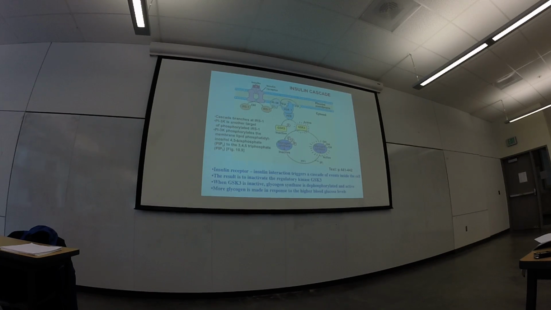And via insulin, here's the insulin cascade operating through PKB, phosphorylate GSK3, and therefore turn off GSK3, which would otherwise inactivate glycogen synthase. Leave it on, so that we make glycogen from excess blood sugar.